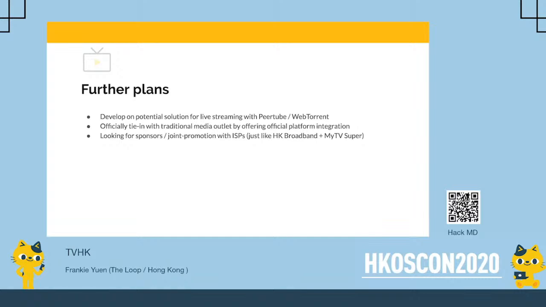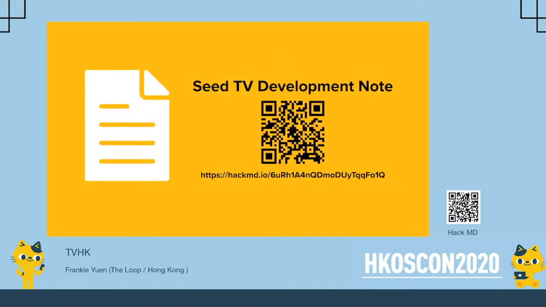So I think it will open up a bit of the market, or have a bit of a shake-up of the existing market. And also I think we can look into possibly how Hong Kong Broadband forcefully bundles My TV Super into their broadband packages, and we can be one of the alternatives as well. So it remains to be seen.